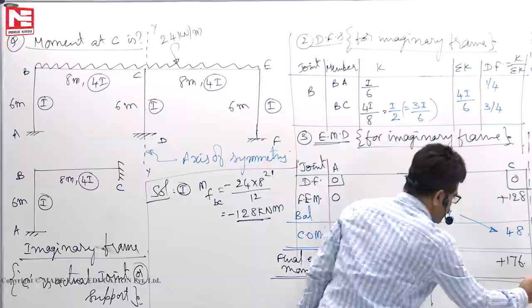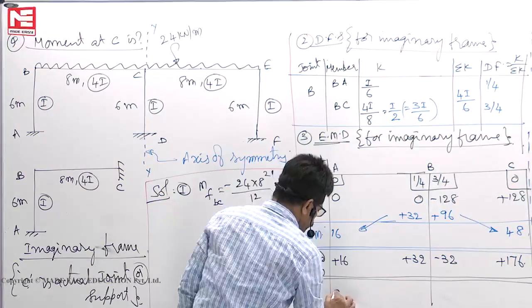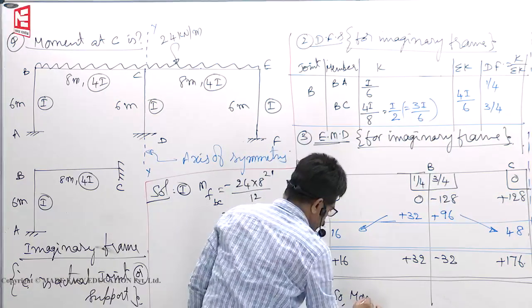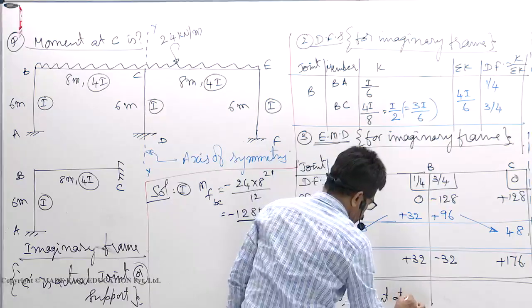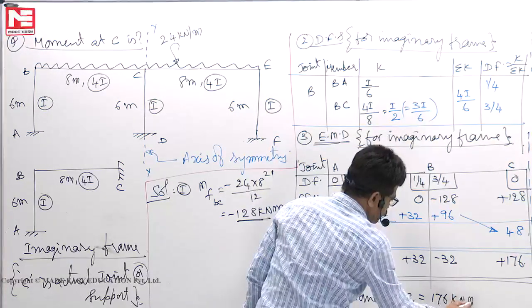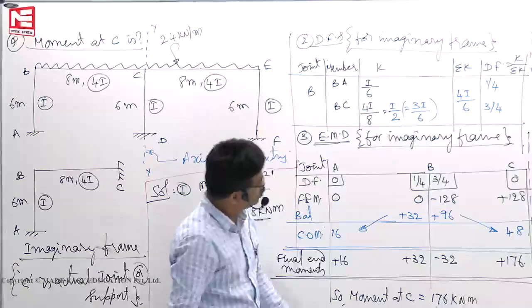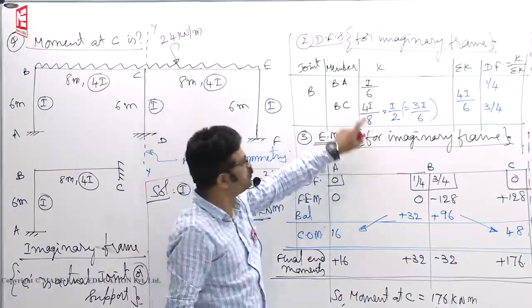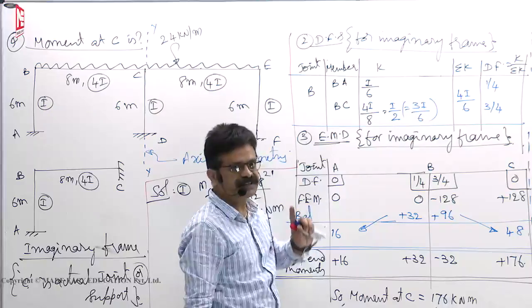Okay. Now he is asking what is the moment at C. So the moment at C is simply 176 kilonewton meter. So in 2 minutes time, this is one of the GATE problems, and this should be finished.